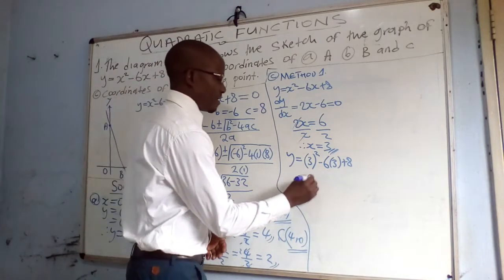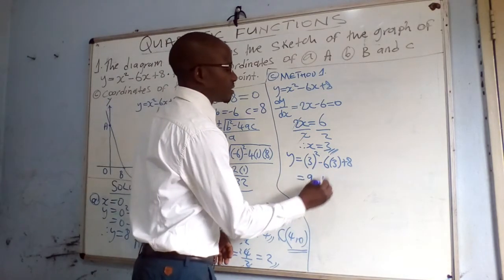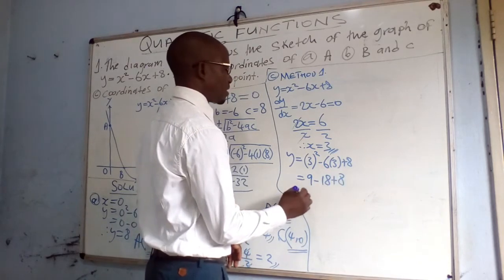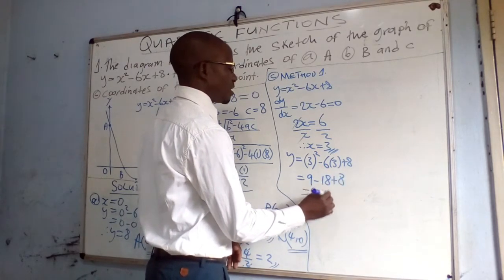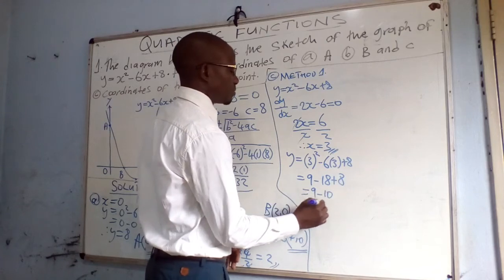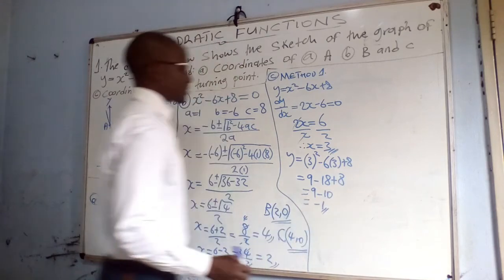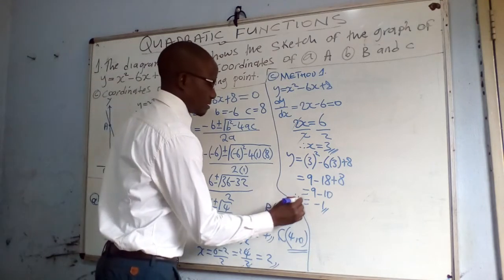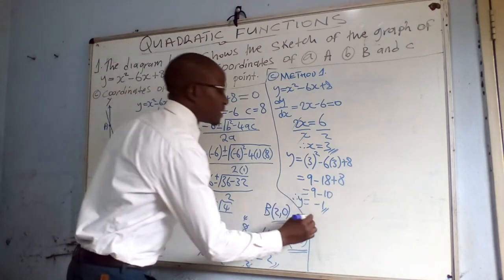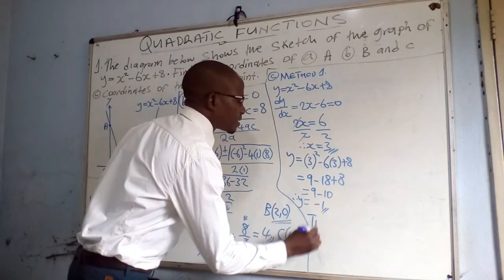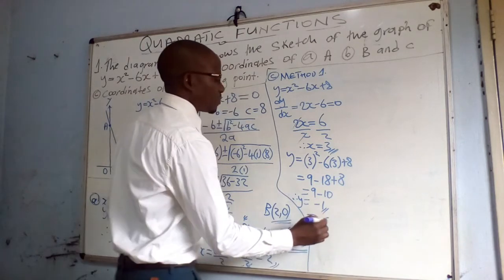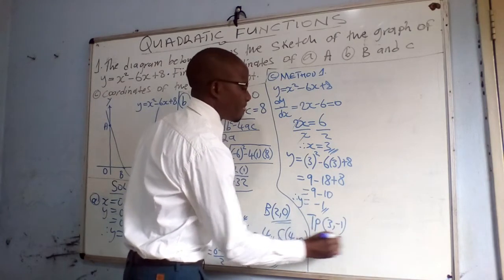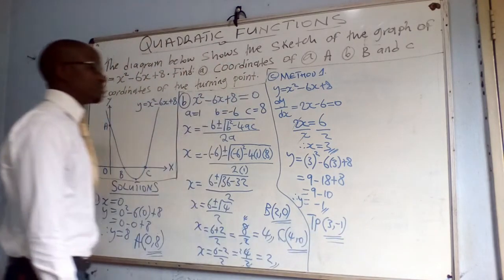So you have 9 minus 18 plus 8. Negative 18 plus 8 will give you negative 10, so you have 9 minus 10. This is going to result in negative 1. The turning point is going to be (3, negative 1). This is the first method we can use.